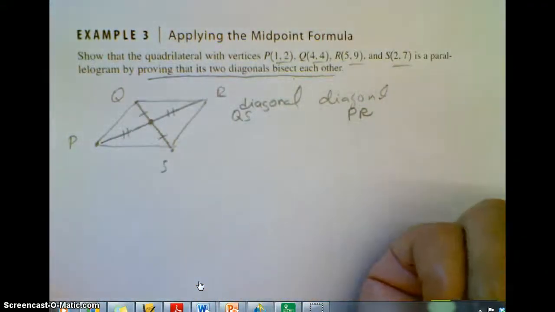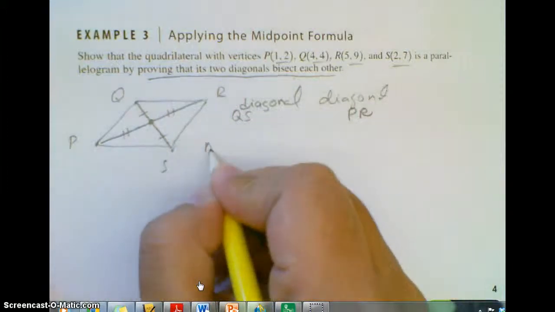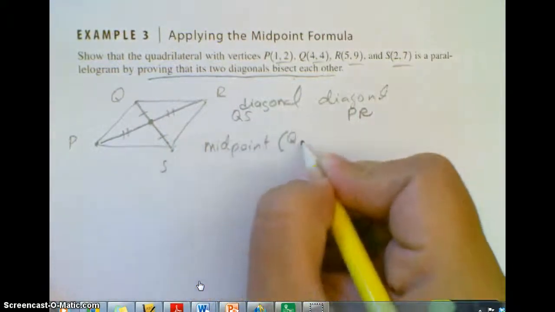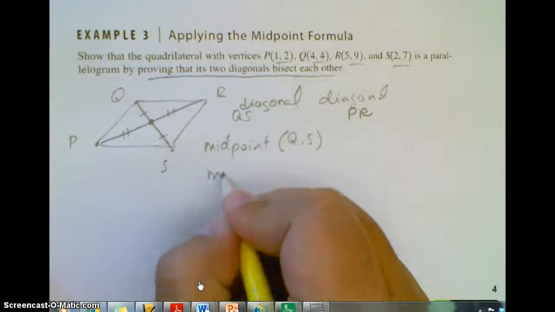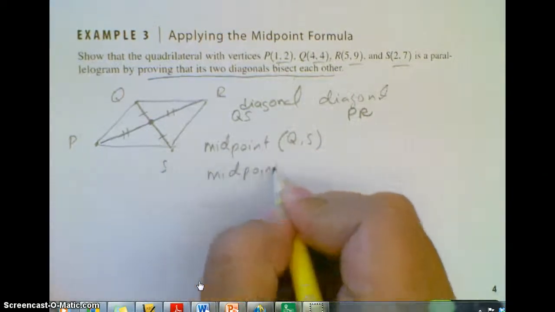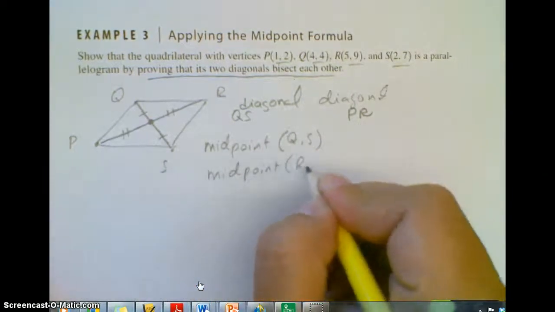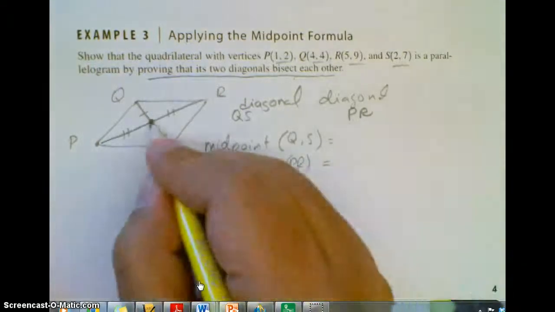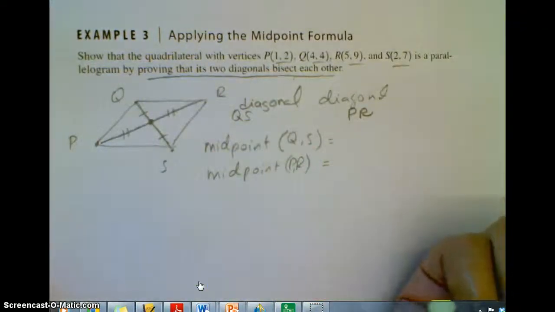So the only thing that I have to find is the midpoint between Q and S, and the midpoint between P and R, and if these 2 match, then they bisect each other.